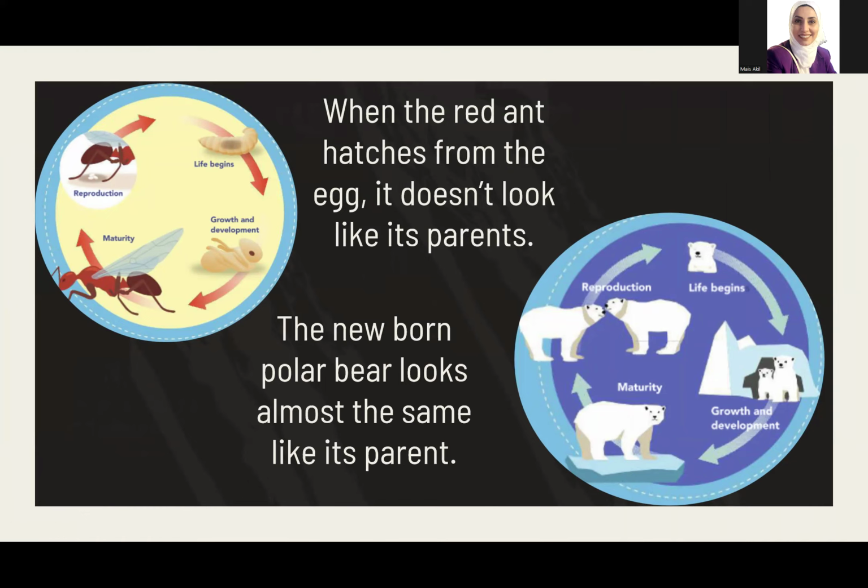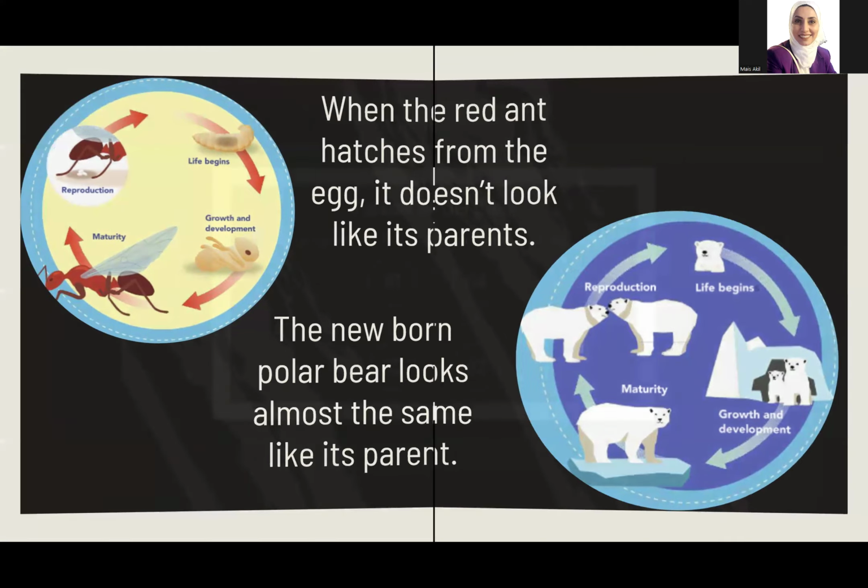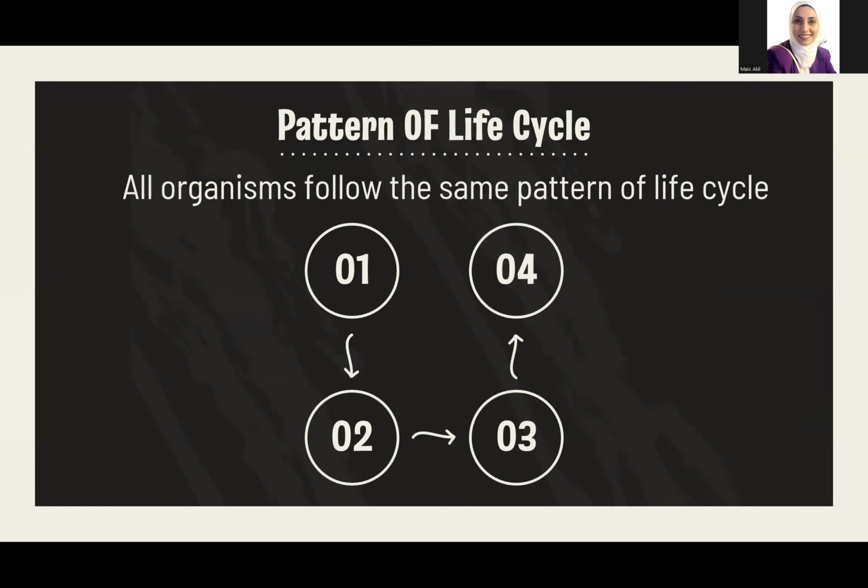So this is the difference between some animals: some of them look like their parents, and others don't look like them. So they have to go through big changes until they become like the parents. So even though the animals' life cycles are different, they all follow the same pattern. So all organisms follow the same pattern of life cycle.